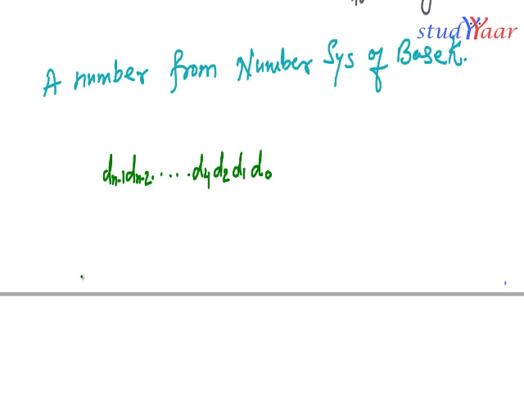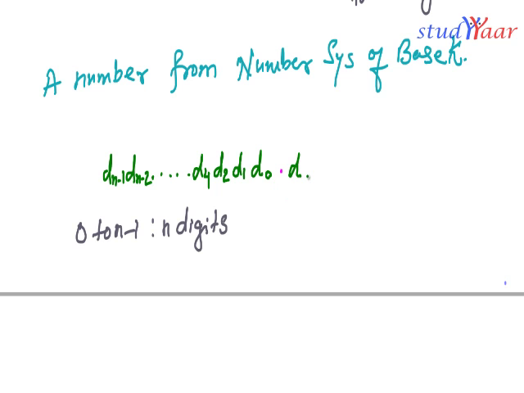So how many digits do we have right now? We have digits from d0 to d n minus 1, which is n digits. And then we have a radix point, and we have the fractional part.